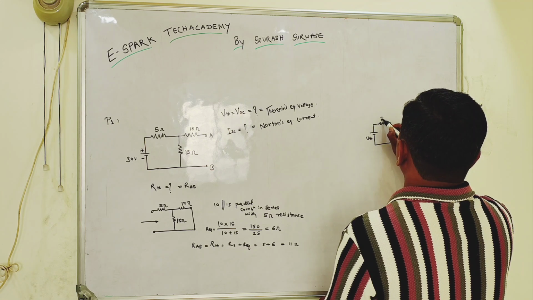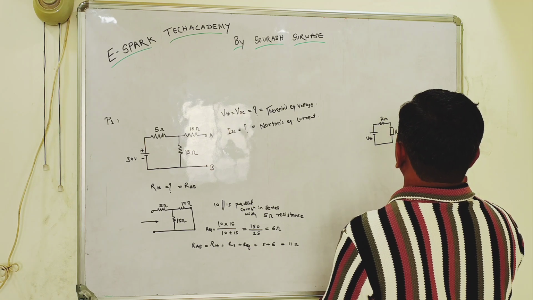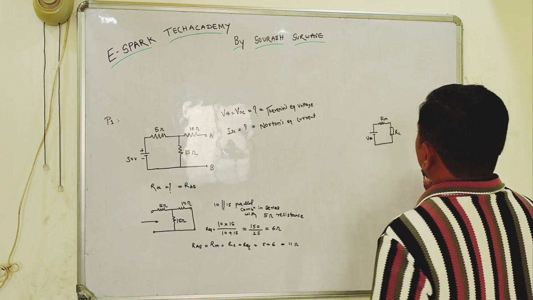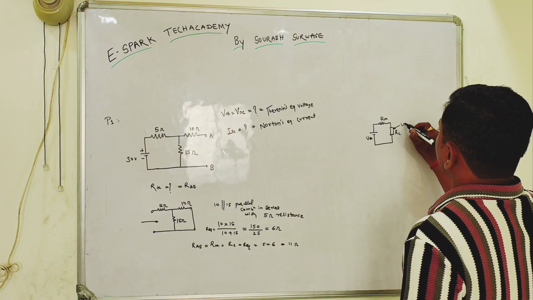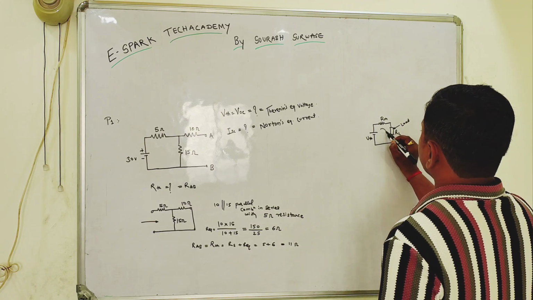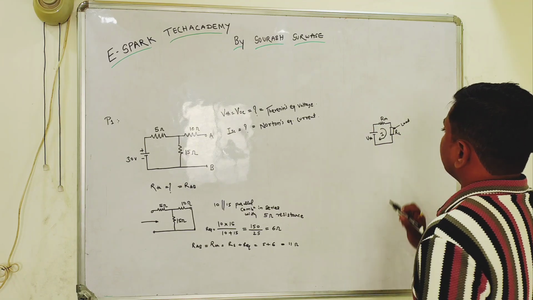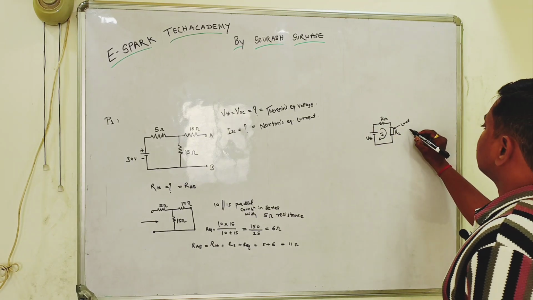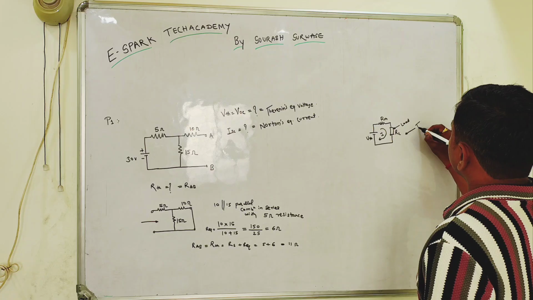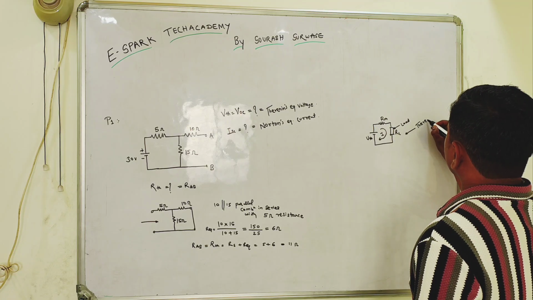This is nothing but RTH, you can say. This is the RL, this is the load, and the current flowing through it will be I. This is the Thevenin's equivalent circuit.